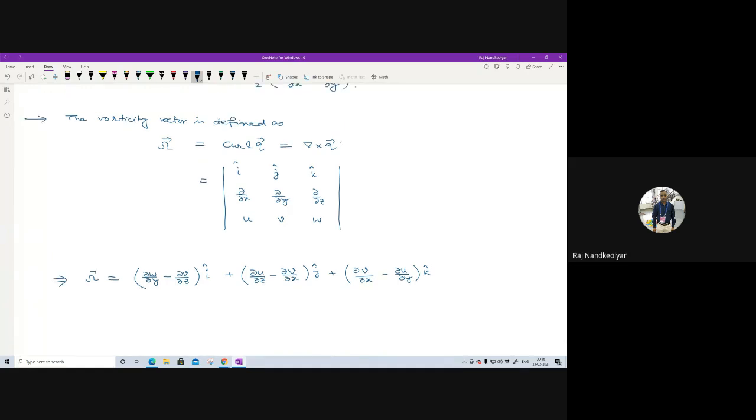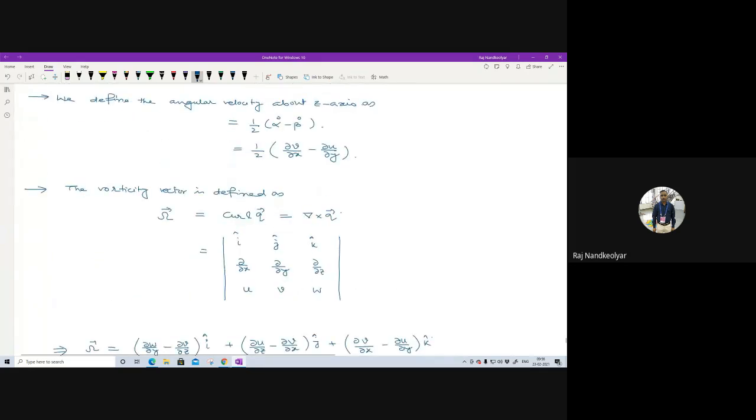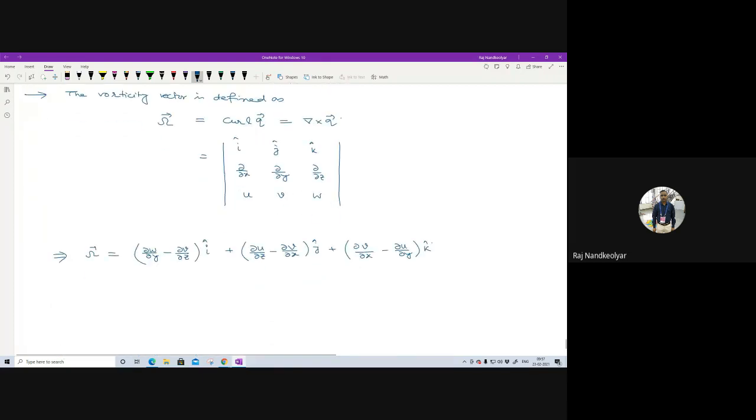Whatever we have defined as the angular velocity about the z axis, this del v by del x minus del u by del y, is nothing but the k component of this.